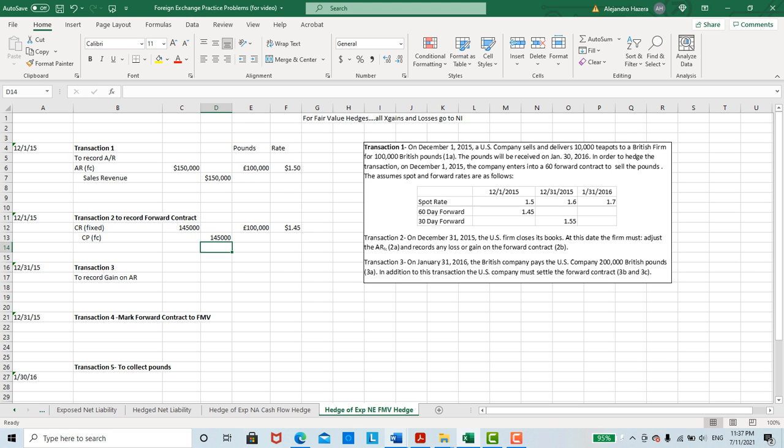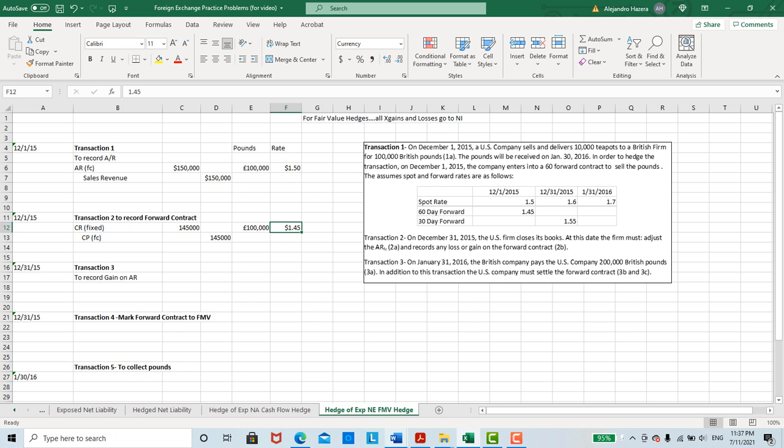One thing about this is that you may be asking yourself, where's the discount or premium? In this case, where's the discount? Keep in mind it's a discount because the forward rate is less than the spot rate. $1.45 is less than $1.50. You've got in there a discount of $5,000. And in a sense, what you'll see at the end is that, like we've been doing all along, if your hedge is 100% effective, the only thing you're going to end up expensing here is the discount, because you're not getting as much for these.